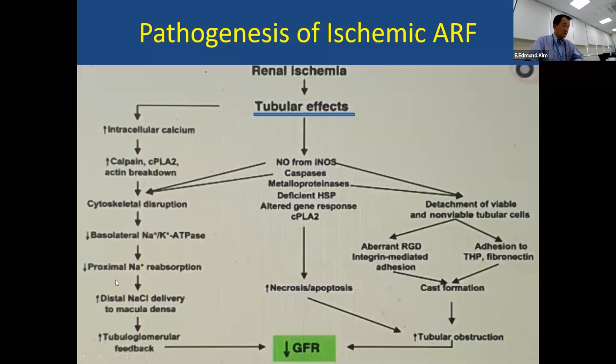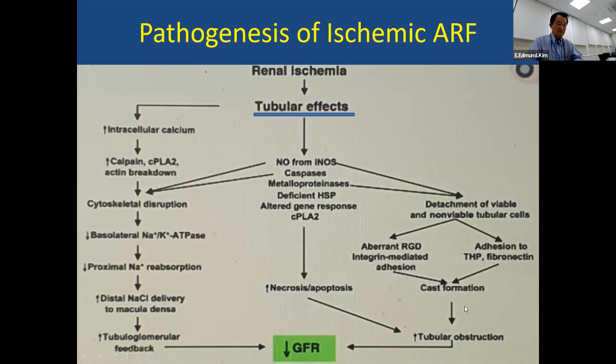And eventually the glomerular filtration is down. And nitric oxide, caspase enzymes, and proteinases, all these genes contribute to increased necrosis and apoptosis. And then there's tubular obstruction.